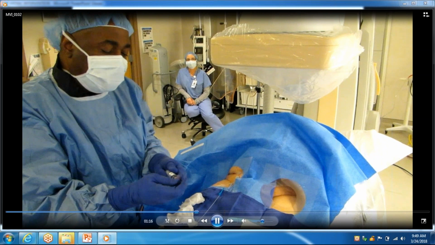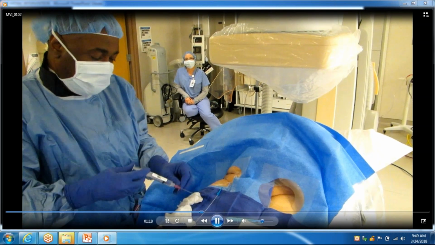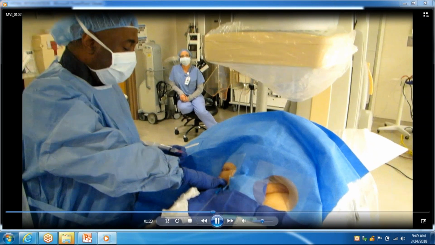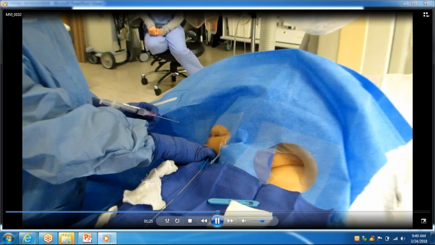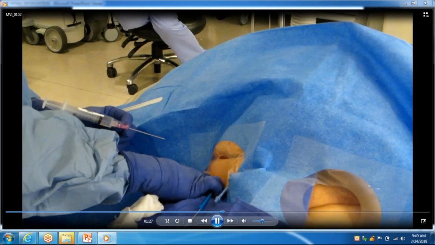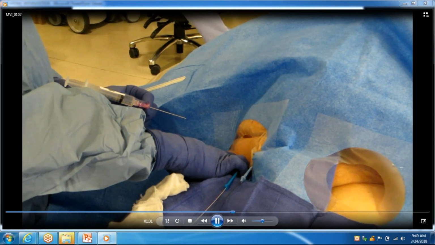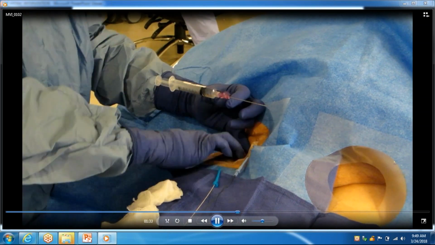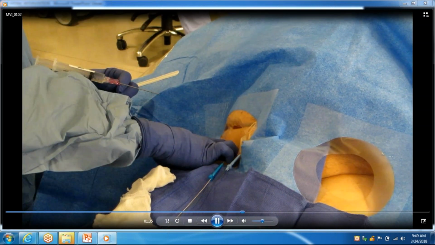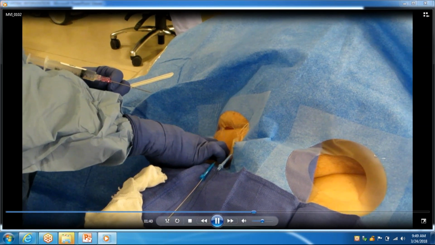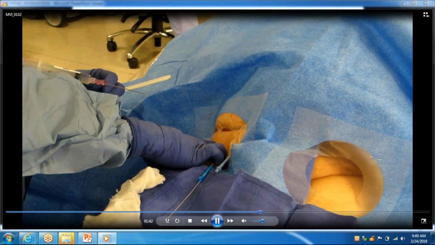So that's our needle right there. It's a little bigger patient, so that's why I put a syringe on. When I enter the blood vessel, I'm going to pull back, and that will tell me when I'm in the artery. I don't want to go through the wall. If it was a smaller patient, I would not have a syringe on the needle, and I could see the blood flowing backwards.